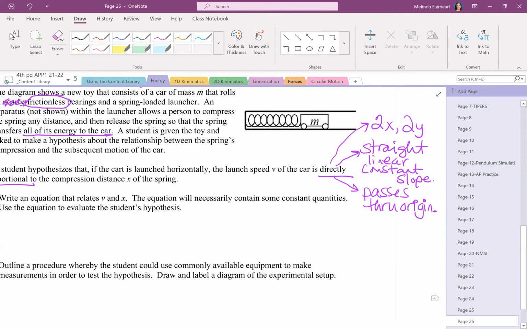So we've got to prove or disprove this student's claim that X and V are directly proportional. And we got to remember what directly proportional means, okay?